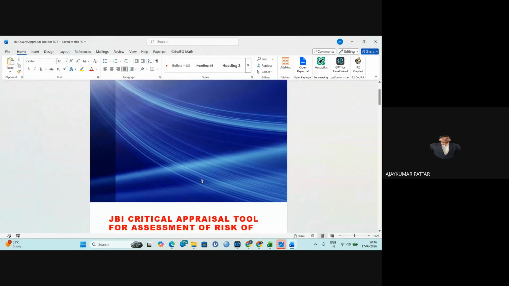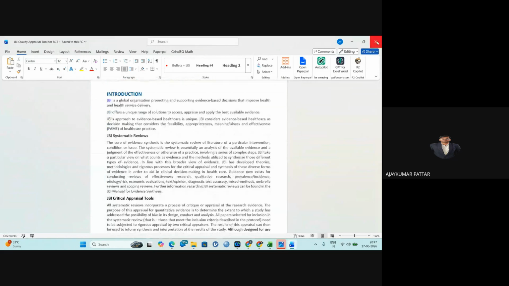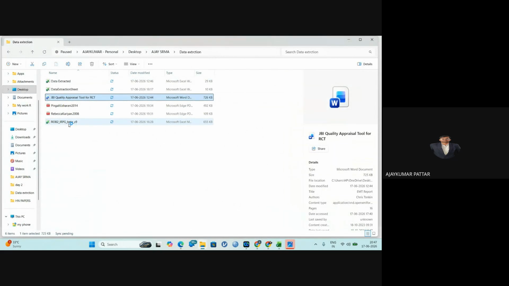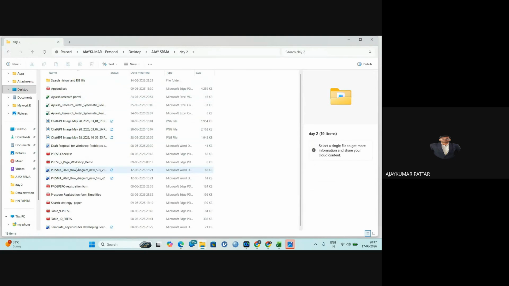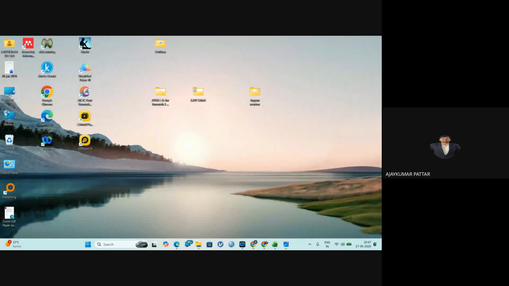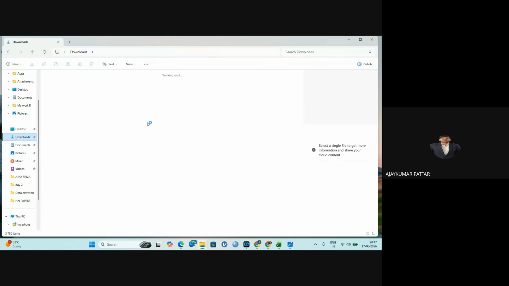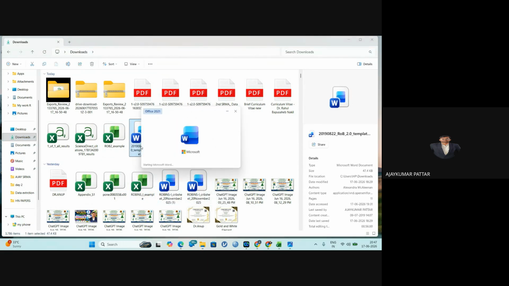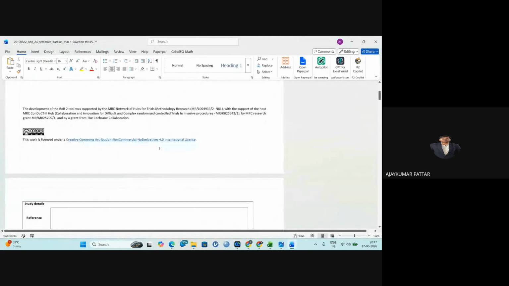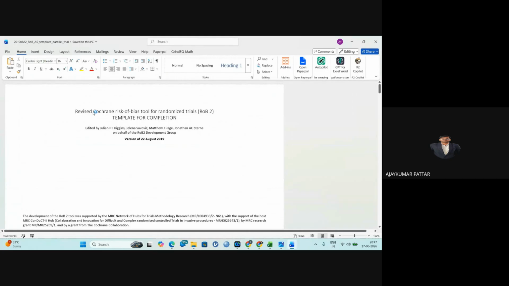JBI I have shown you. I have marked the certain things to fill in, so I will use that one. This is Cochrane's risk of bias tool for randomized trials, ROB 2.